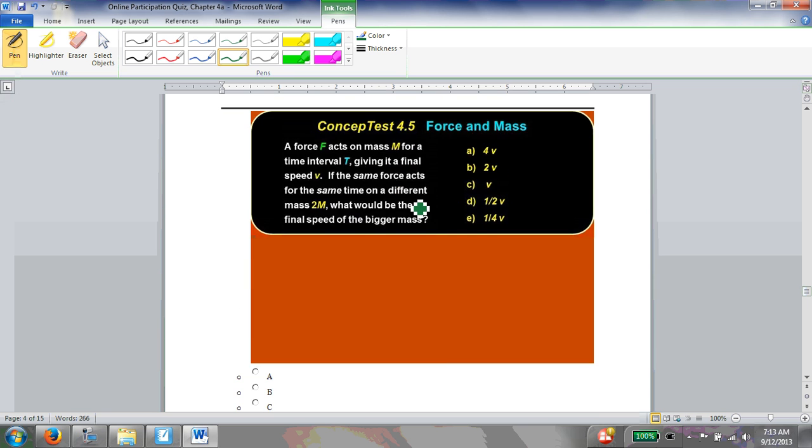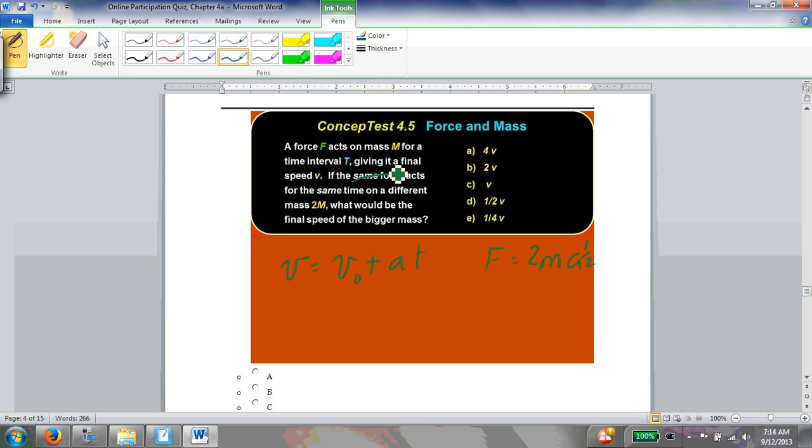Force F acts on a mass m for a time interval t, giving a final speed v. If the same force acts for the same time on a different mass 2m, what would be the final speed of the bigger mass? So again, I go back to these same equations. If I double my mass, keeping the same force, that's going to give me 1/2 the acceleration, because I have the same force.